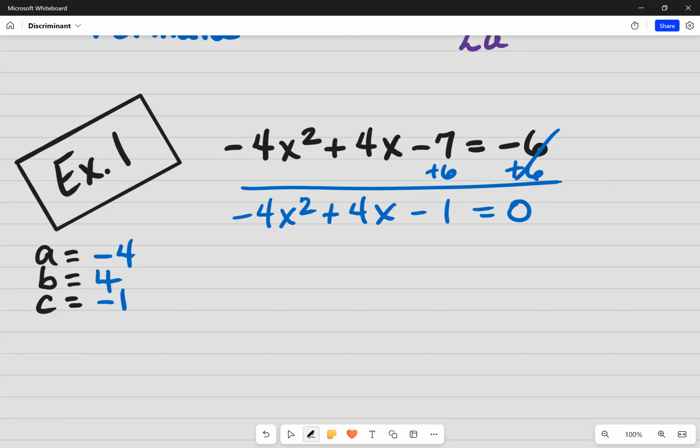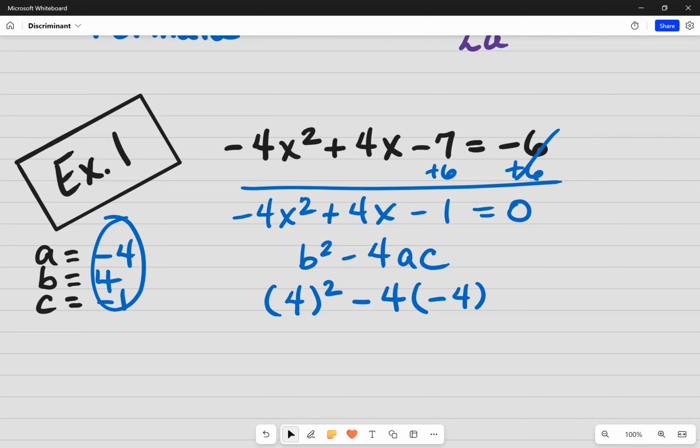So now, just to bring back to your memory what the formula is, I'm just going to substitute. So b is 4, and I'm asked to square it, minus 4, which is part of my formula, times a, which is -4. I'm getting that information from over here. And then times c, which is -1.